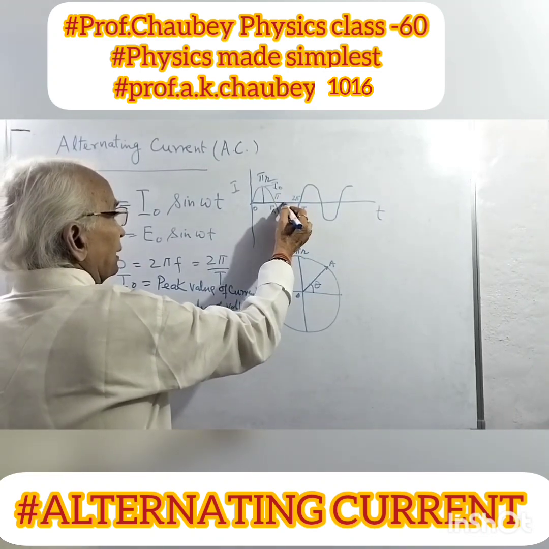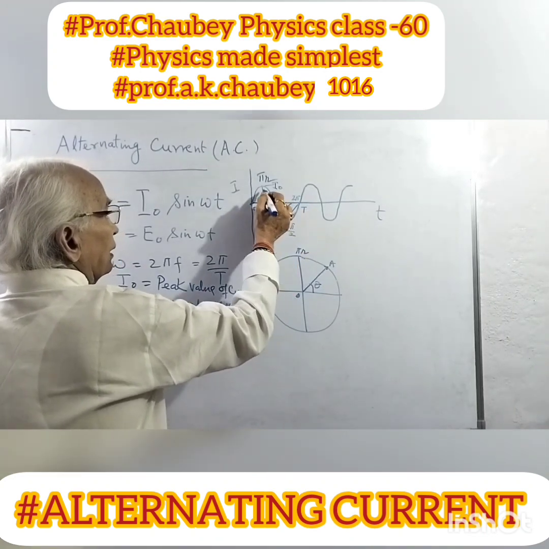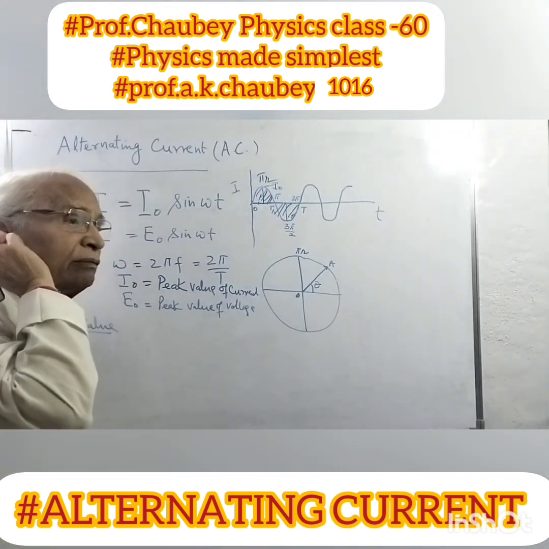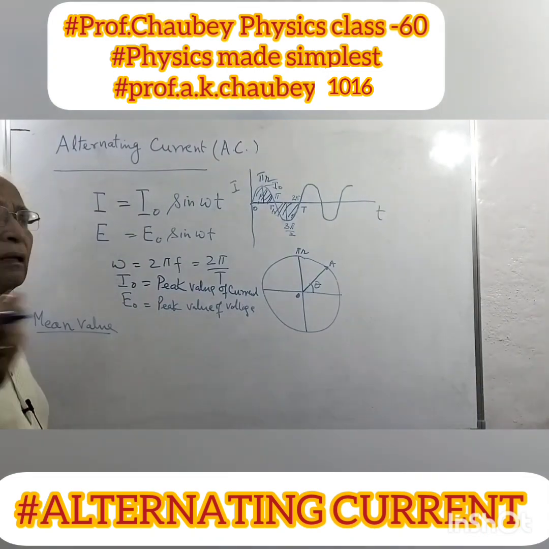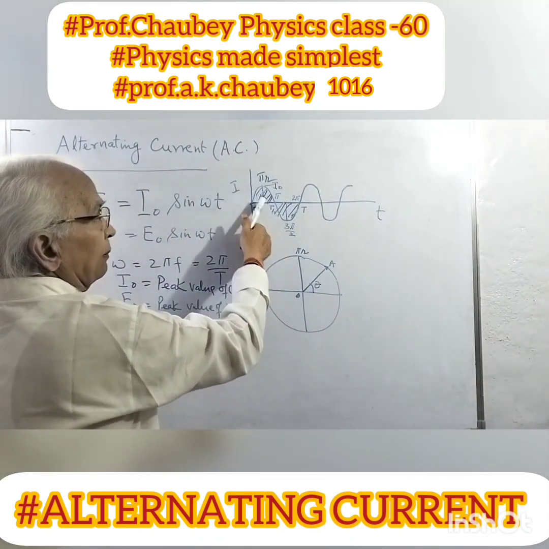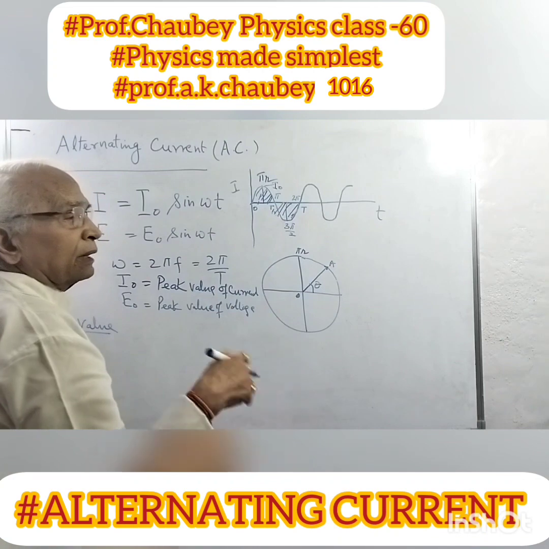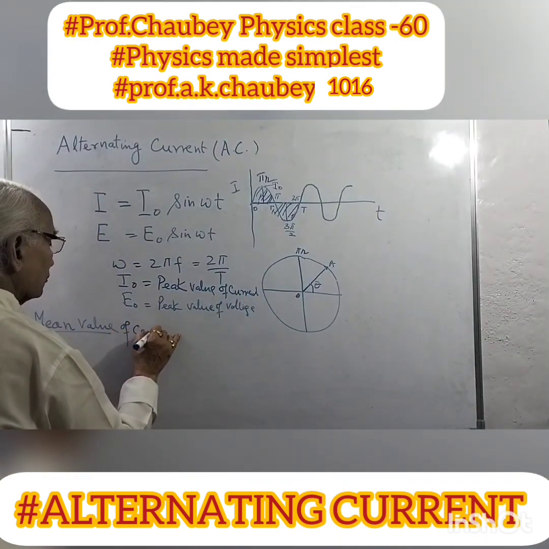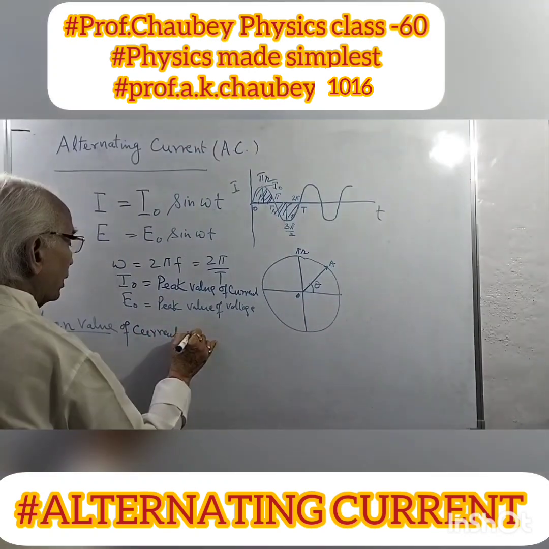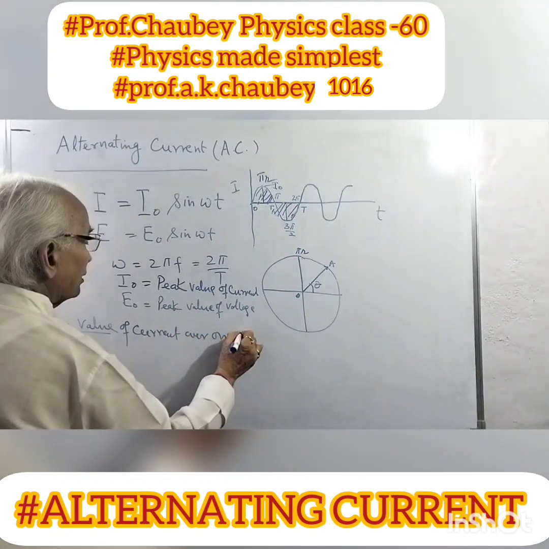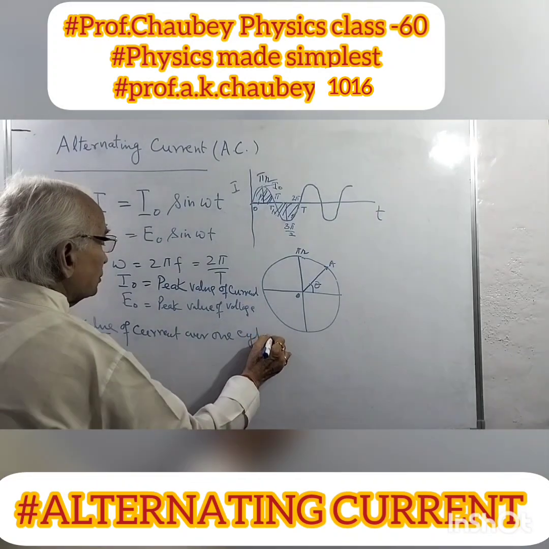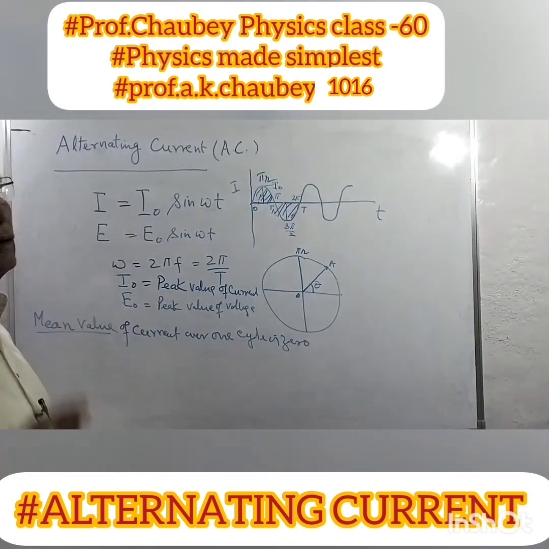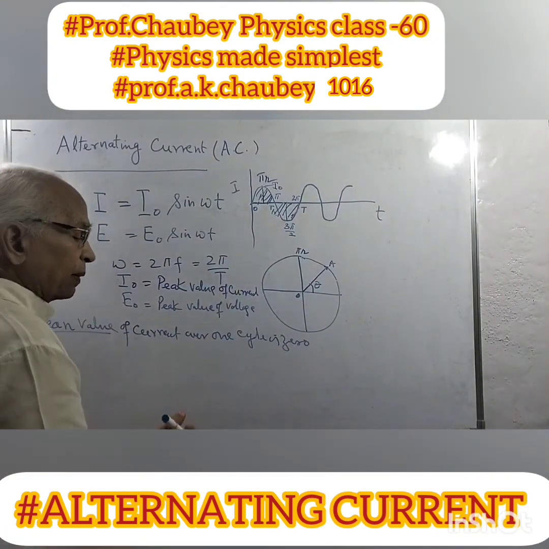So the areas of these two half cycles are equal, which means the total current here is positive and the total current here is negative. Adding them, it becomes 0. So the mean value of current over one cycle is 0. So obviously the mean value is not measured, because the mean value is 0.